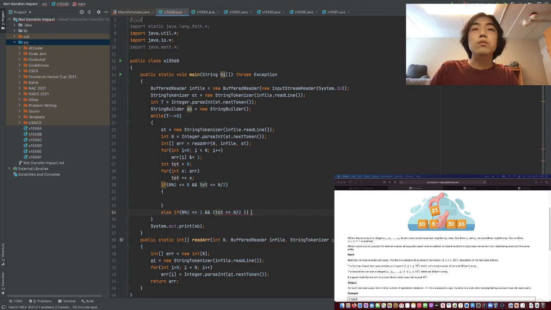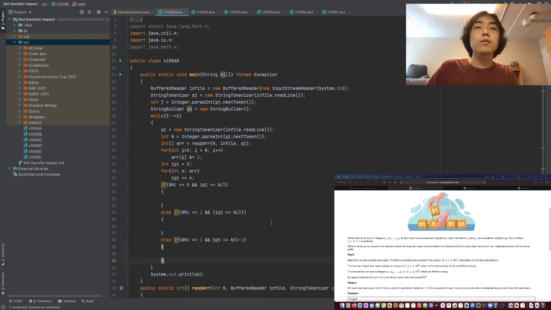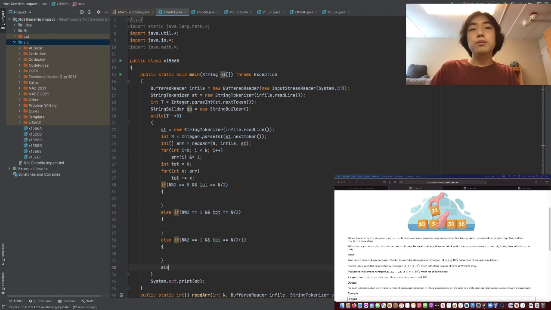Okay, I mean, it's just a decent amount of casework, honestly. N over 2 minus 1. Wait, no, n over 2 plus 1, because it's rounded up. Yeah, and then otherwise it should be impossible.